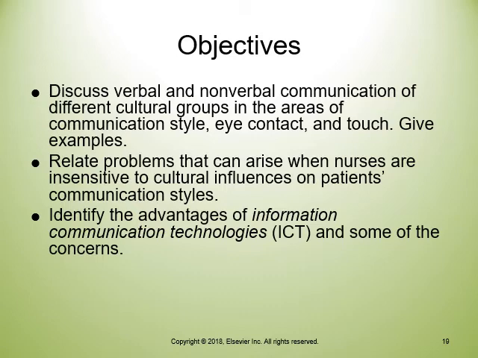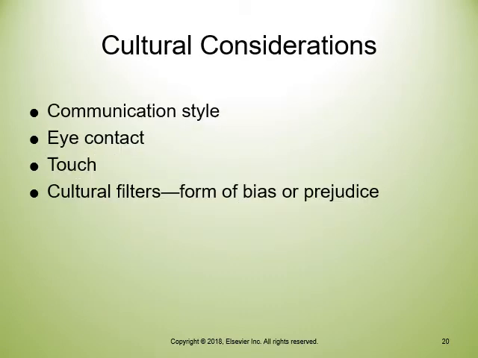So now we're going to look at cultural components, the eye contact, the style, and we're going to talk about sensitivity to cultural influence and styles, and also information technology. Okay, so this is all on page 147. And we've already also had our chapter on cultural components.